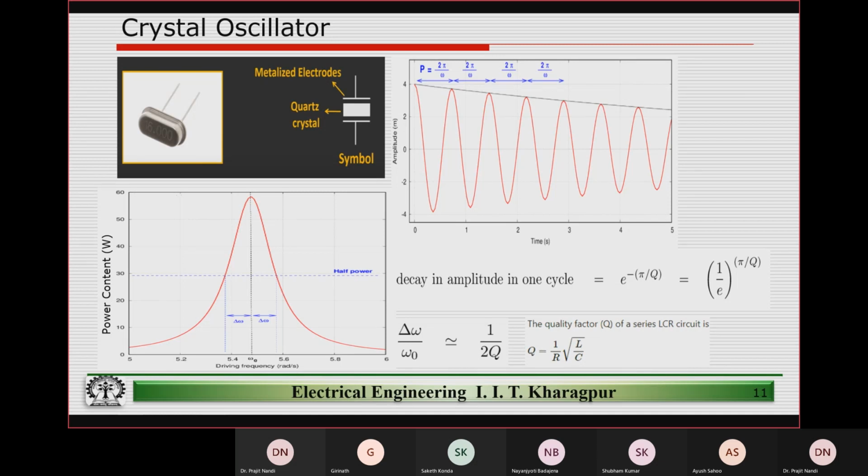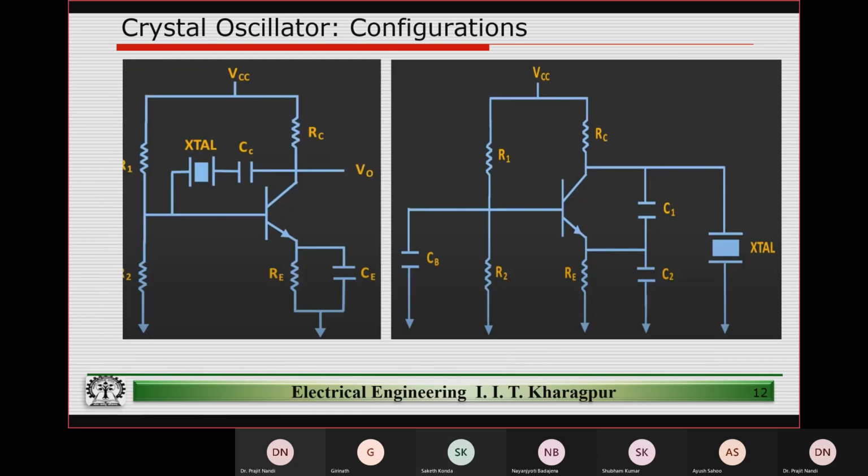Okay, so these are two different crystal oscillator configurations. This is what we can use the circuits to make oscillators. I'm sorry, this animation is not working; I didn't want to show the second animation right now.